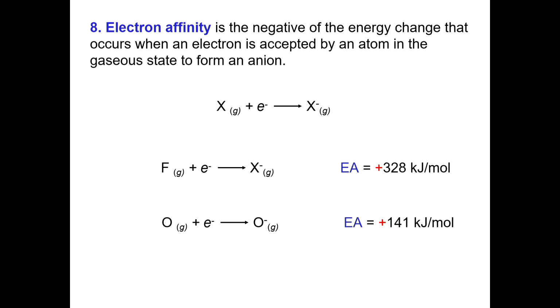Because if you lose, we should use a minus, right? But here we take the negative of the energy, so it changes to positive. So this means if this number is big, it's large. What does this mean? It will release more energy, right? More energy. So, for example, fluorine and oxygen, if we get one electron, it will also release this energy.